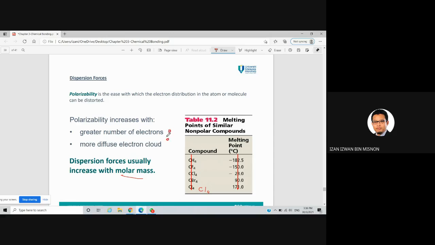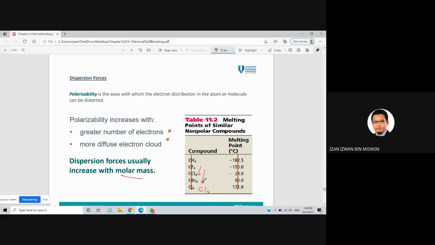These two points: the greater number of electrons. From fluorine to chlorine, the number of electrons will increase. The second one, there will be an additional electron cloud, since from fluorine to chlorine there will be another n. So meaning that the additional quantum number will include also the electron cloud around the chlorine atom.